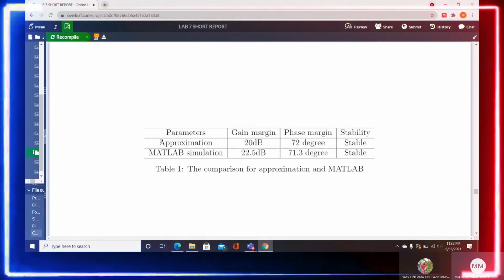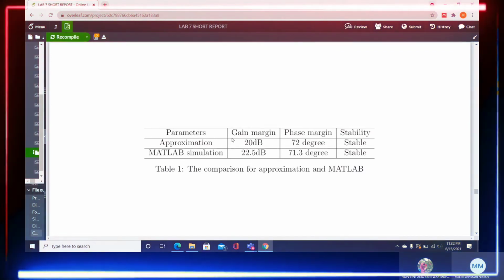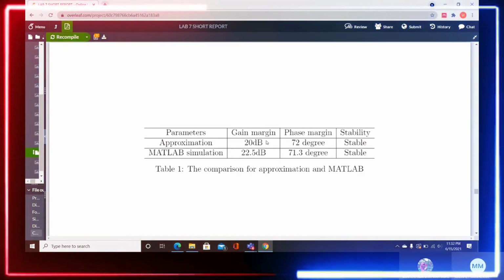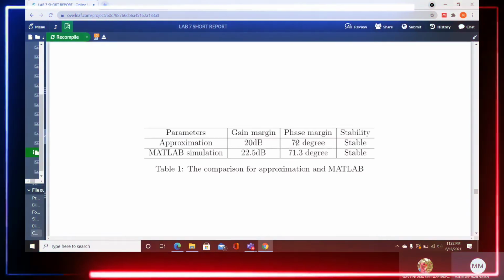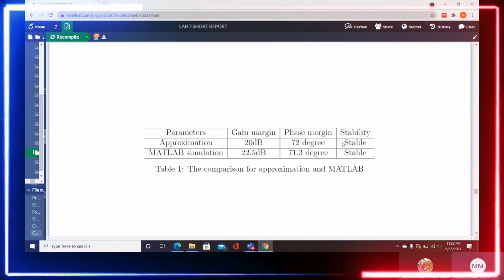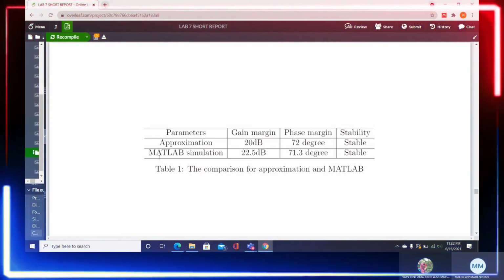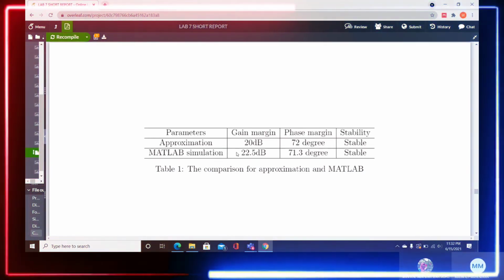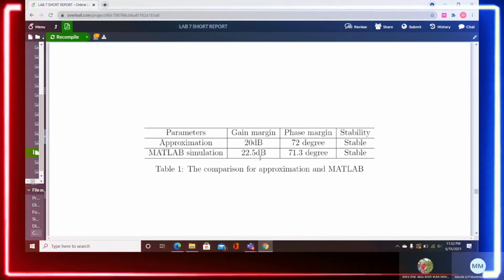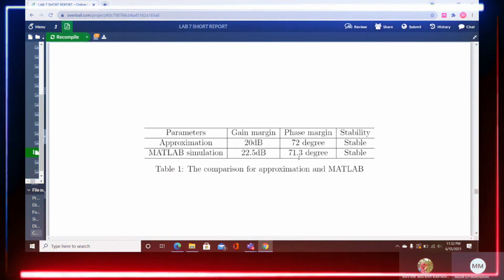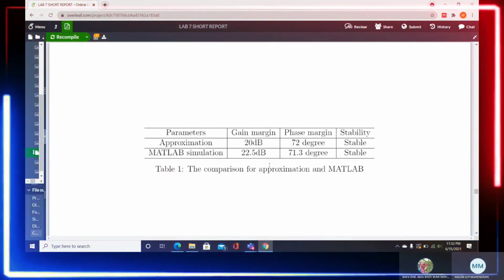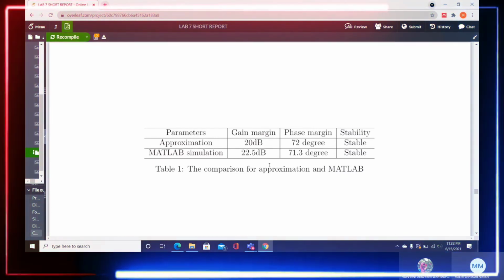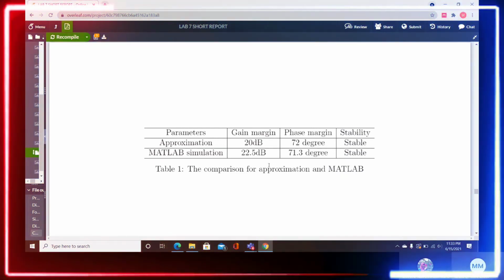Using the approximation method, the gain margin that we got was 20 dB, and the phase margin was 72 degrees, and it's stable. And for the MATLAB simulation, we got gain margin as 22.5 dB, and for the phase margin 71.3 degrees, which means we can see there's a slight difference in the values, which is totally normal.